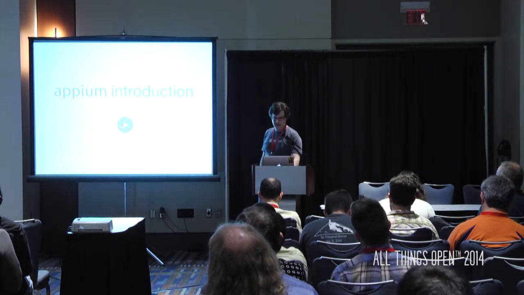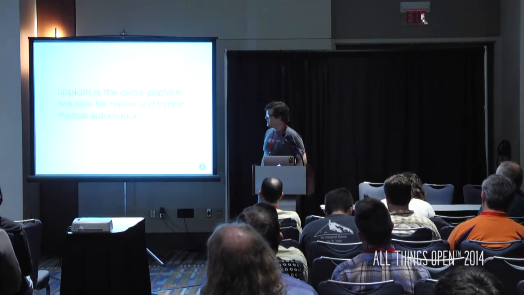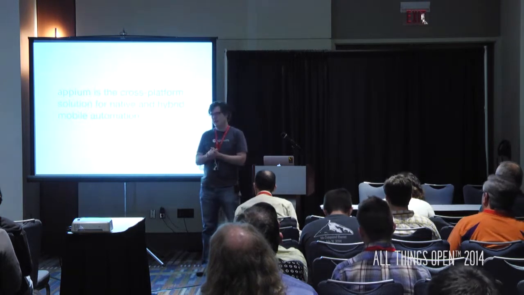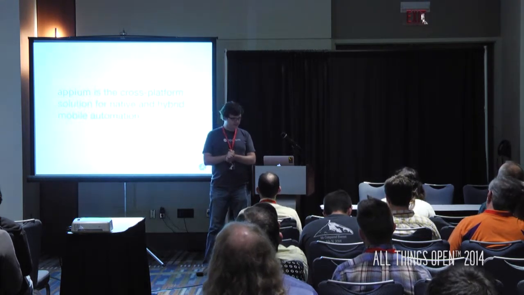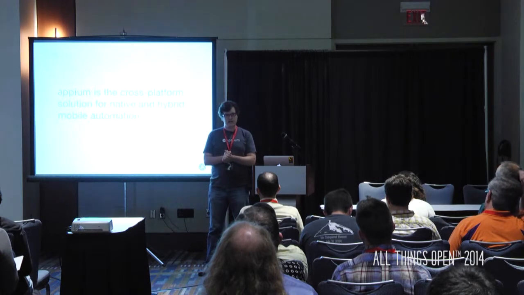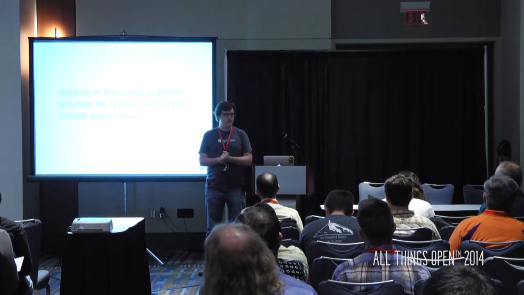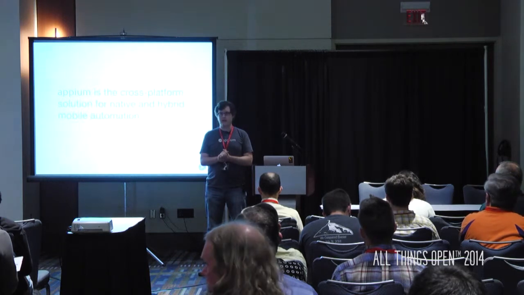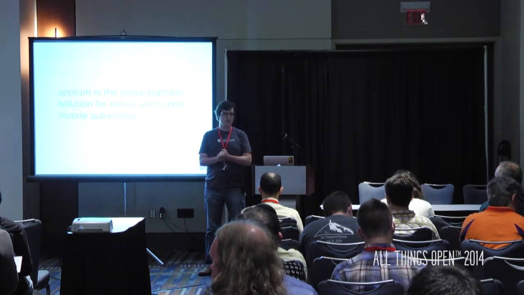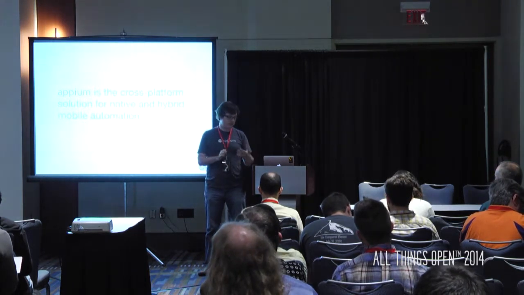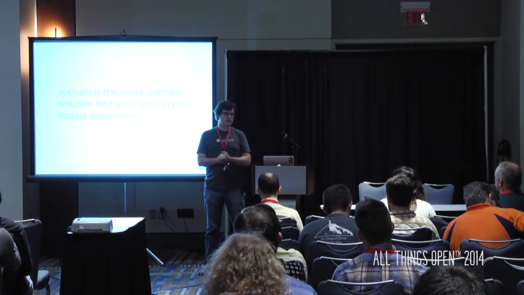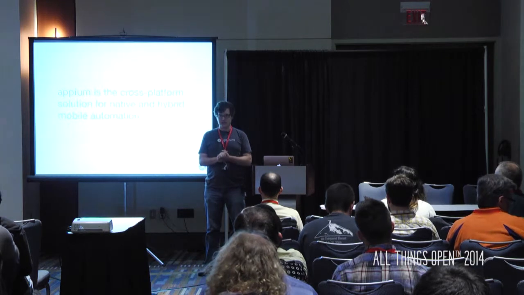So the introduction to Appium. Appium is the cross-platform solution for native and hybrid mobile automation. Obviously, one of the big problems that you have in automating applications that are designed to run on multiple platforms are the different APIs, the different libraries that are required to get those tests to work.